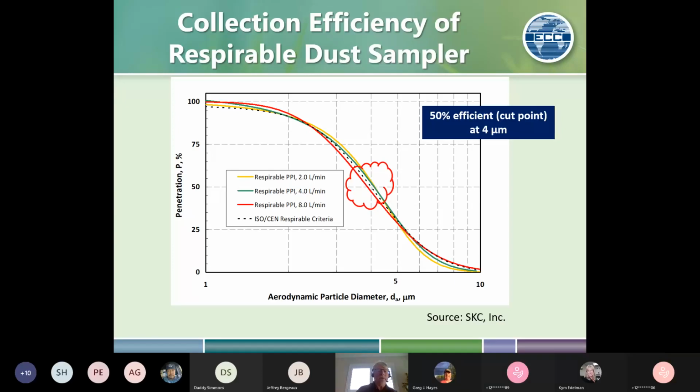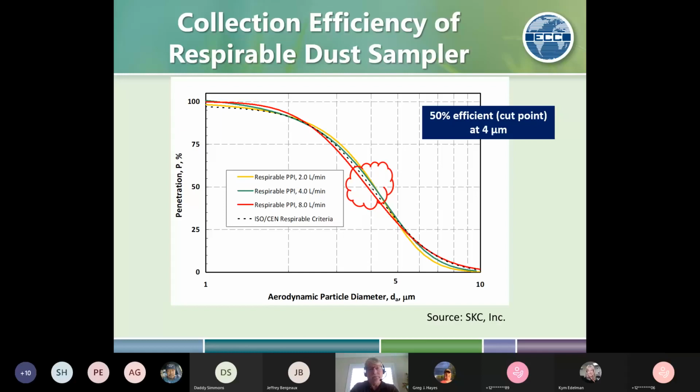So you might hear in other applications like air pollution monitoring and studies, the term PM10, that's particulate matter 10. PM10 would be a size distribution that has a cut point of about 10 microns. So that distribution has actually more larger particles than what we consider respiratory or respirable. And then you might hear PM2.5.